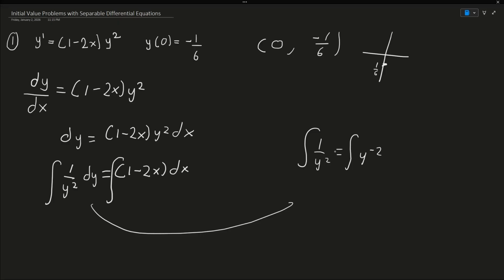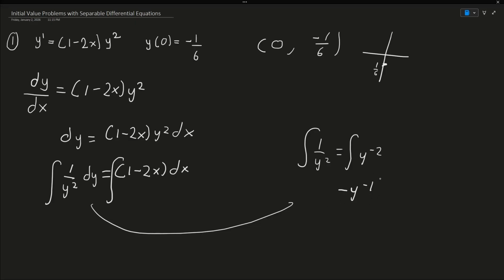When you're integrating, remember that you add 1 to the exponent and then divide by the new exponent. So you're going to have y to the -1st and negative, so you would have -y to the -1st power. If you were to take the derivative, you would ultimately get the same result.